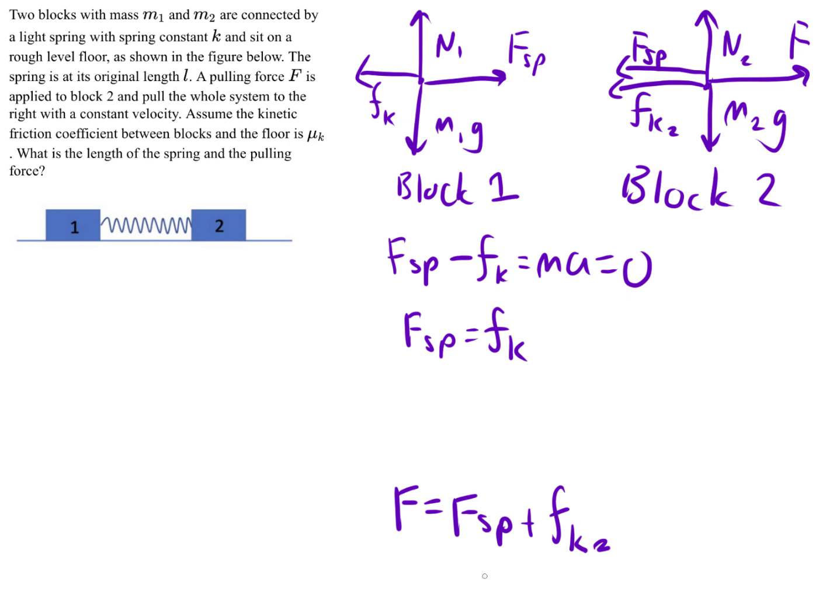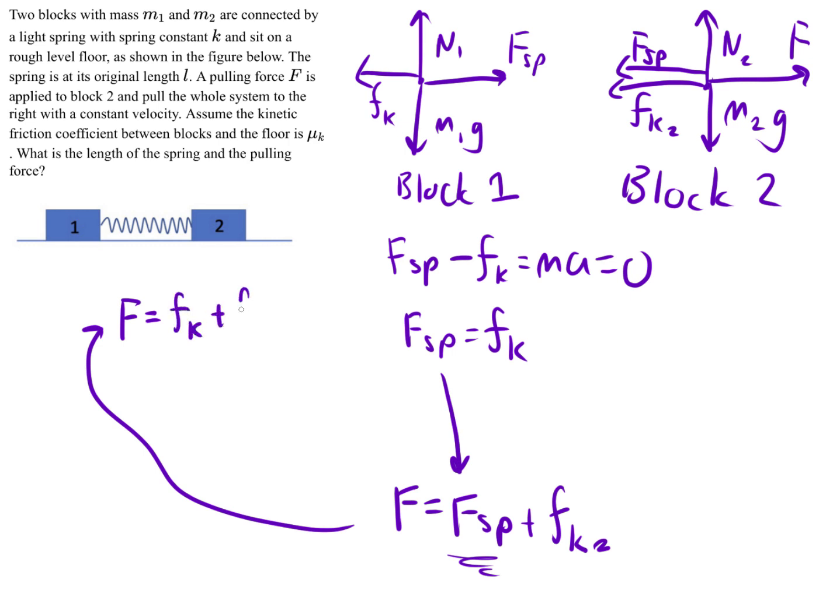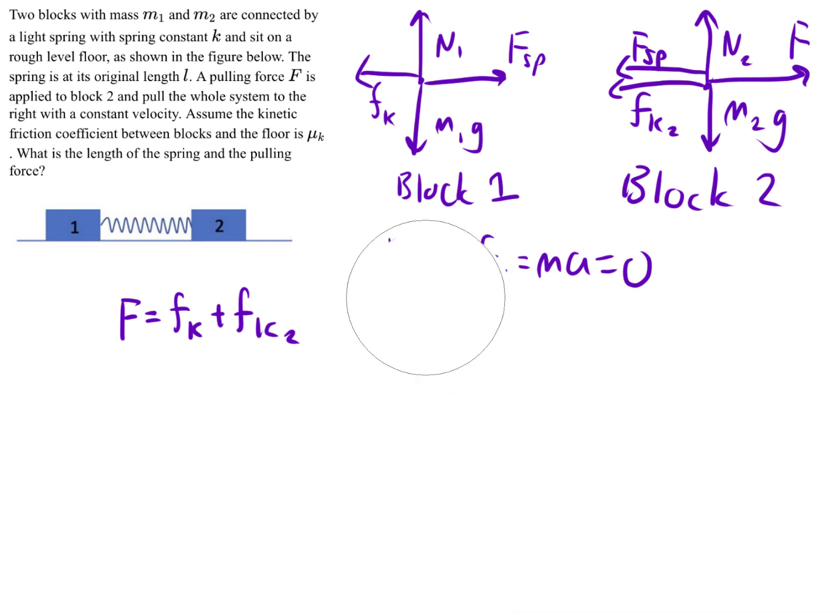Now, from this, we can substitute the force of the spring with the force of kinetic friction. So we can say that the pulling force is equal to the force of kinetic friction from the first block plus the force of kinetic friction from the second block. And that is why we even use this equation in the first place.